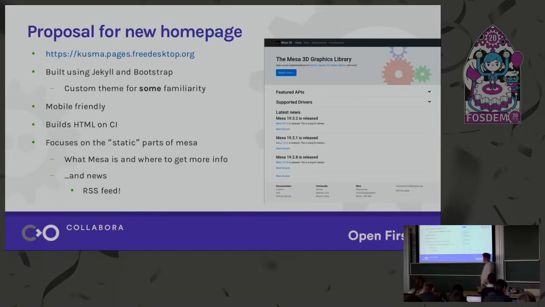It's mobile friendly. I don't show this here, but it works really nicely on phones. It builds HTML on the CI using GitLab Pages, and it contains only the static parts about Mesa, stuff that doesn't change with every release. It also provides the news.